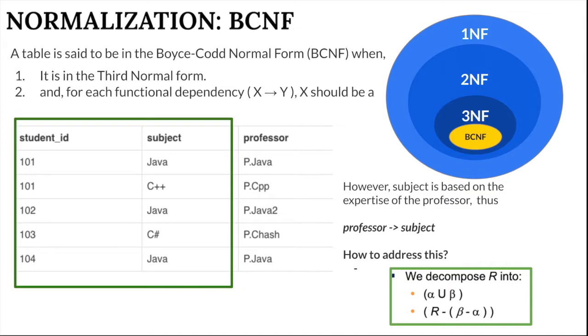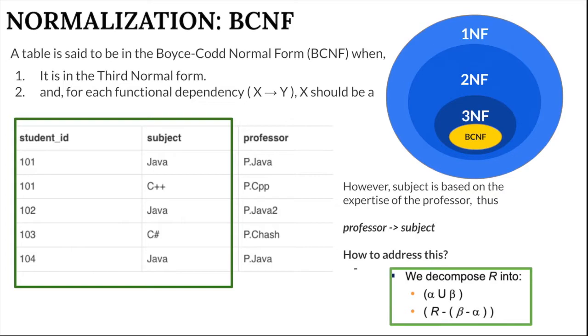So yung primary key dito is the pair student ID and subject. And then the subject is usually based on the expertise of the professor. So the subject is functionally dependent on the professor. And since professor is not a super key, then this is not in Boyce-Codd normal form.